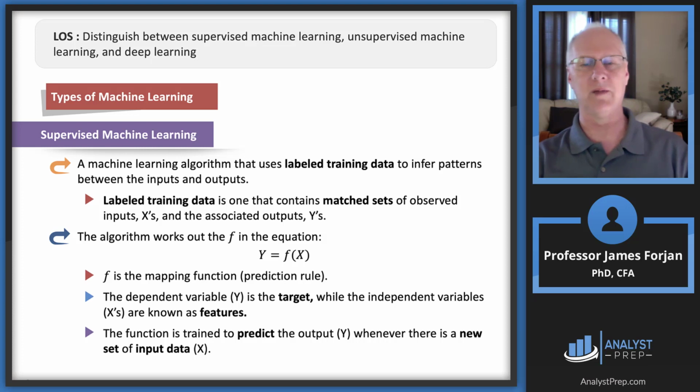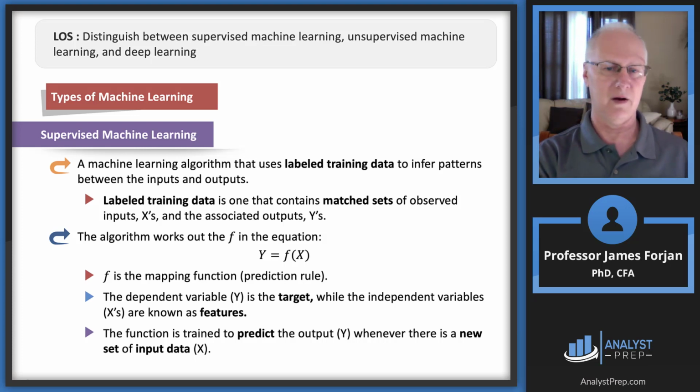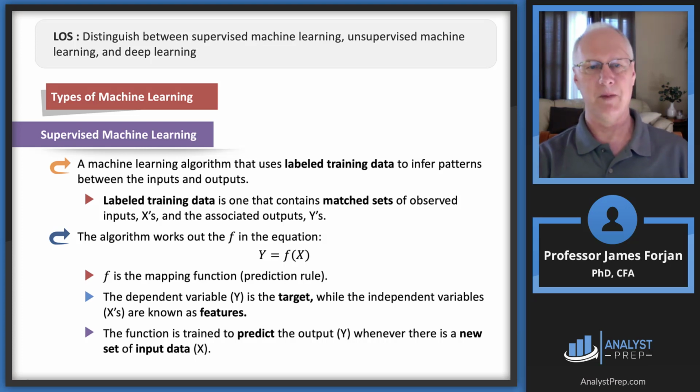So this is what we've really been doing in our regression analyses, but now we've got huge data sets, right? So look at the last arrow point there. The function is trained to predict the output variable whenever there is a new set of input data. So imagine my big old matrix of data where we're trying to predict changes in dividend yields, and we have this learning model, this machine learning, and it has some outputs, right?